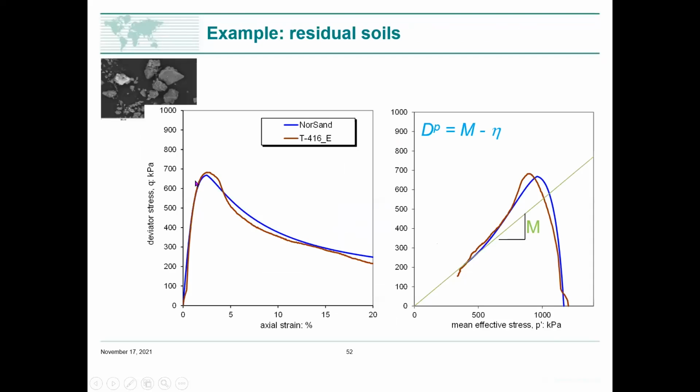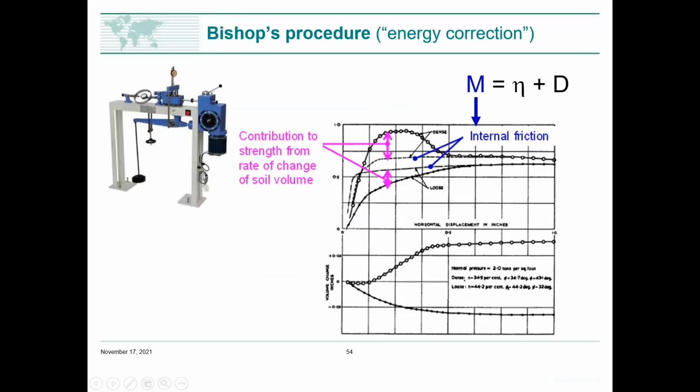And it's true. Now, a little bit more, and let's look a bit more fundamentally, and go back to Bishop's procedure. Don Taylor introduced the idea that we need to correct for energy in a shear box test. And I've got over here a picture of a shear box, and you can see easily enough, we've got a dense sand in here, and it's dilating.